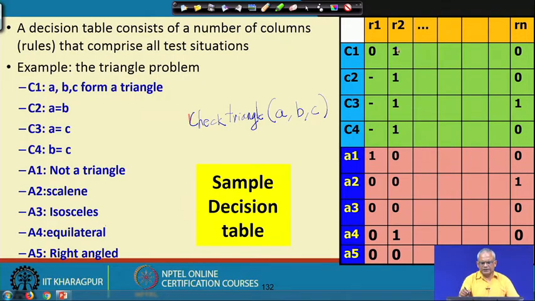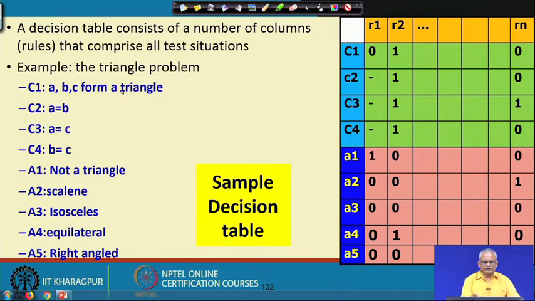So, if it is a triangle, and a equal to b, b equal to c, c equal to a, then it is an equilateral triangle, action A4. If it is not a triangle, then it will display not a triangle, that is A1, and so on.